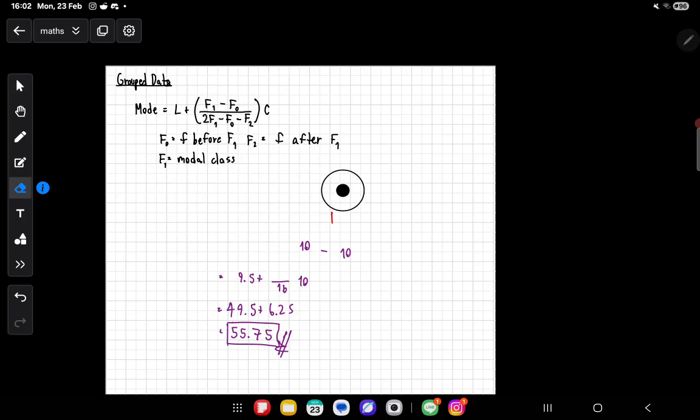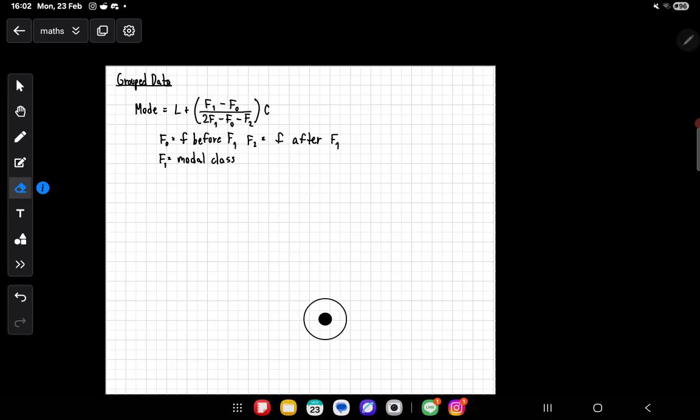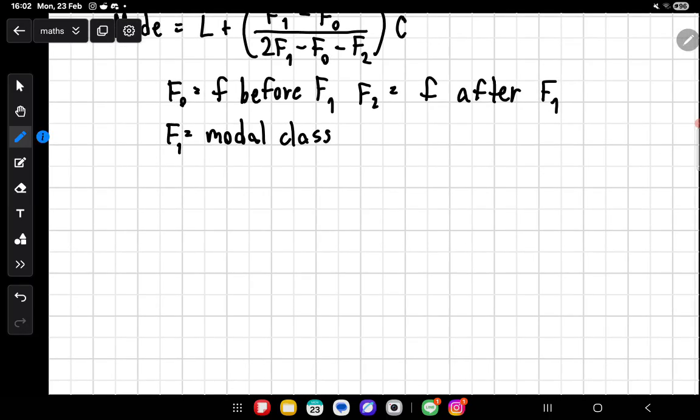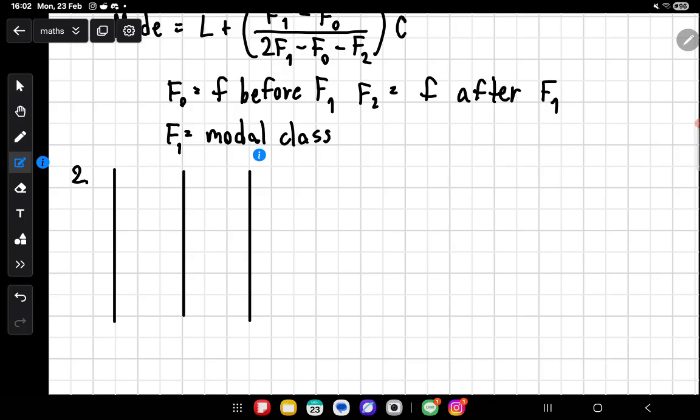So, example number 2 is going to be similar to what we do in example number 1, of course. Let me quickly write it down. First, 5 to 9, 10 to 14, 15 to 19, 20 to 24, and 25 to 29.